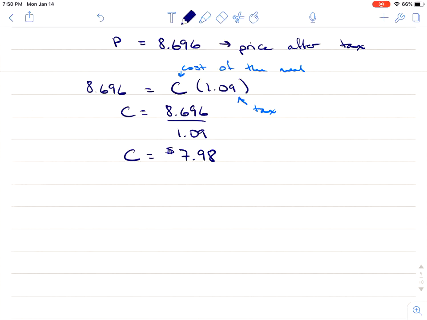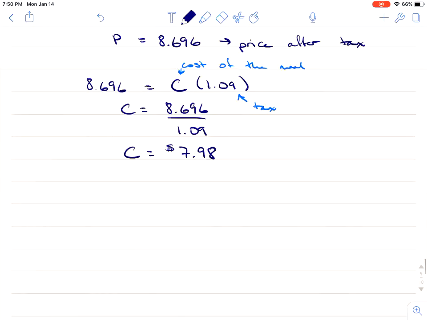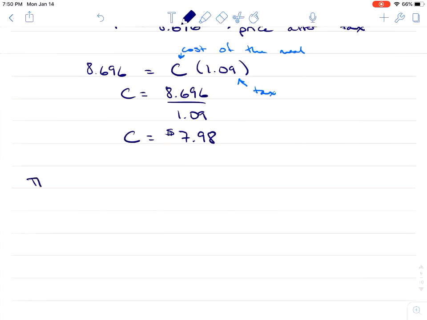And being able to add tax or tip and subtract it, we kind of have to be fluent in that. Okay. So the cost to the restaurant is $7.98 per meal.